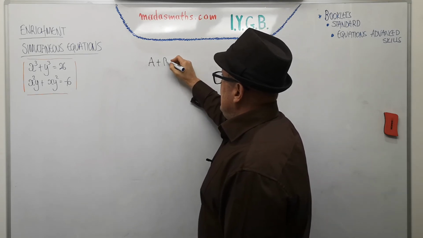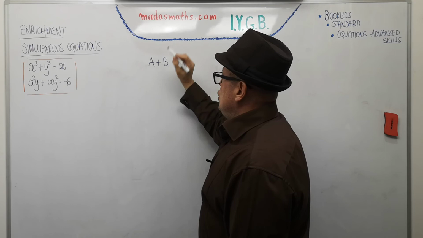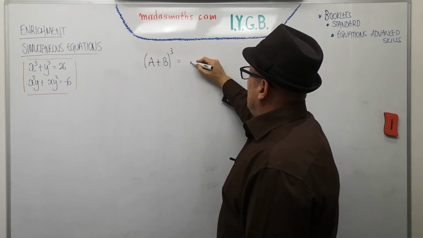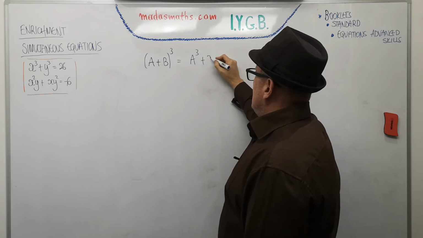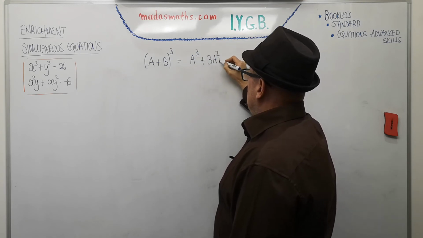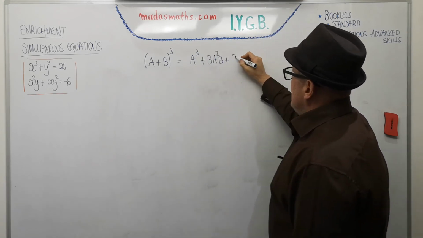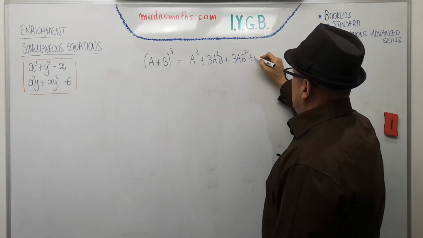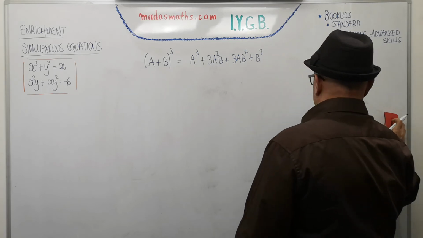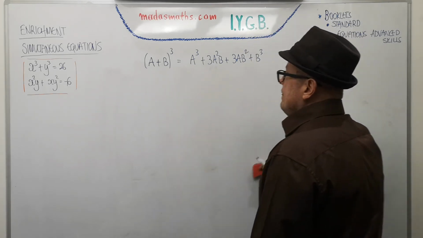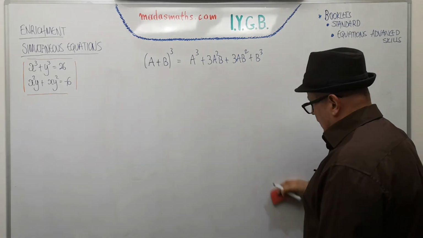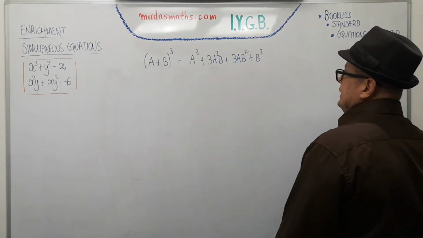(a + b) cubed, not a cubed plus b cubed this time, but cubing your binomial. You should know that it's a cubed plus 3a squared b plus 3ab squared plus b cubed. And I'm looking at the left-hand side of this equation, and I cannot help seeing things from this particular identity.